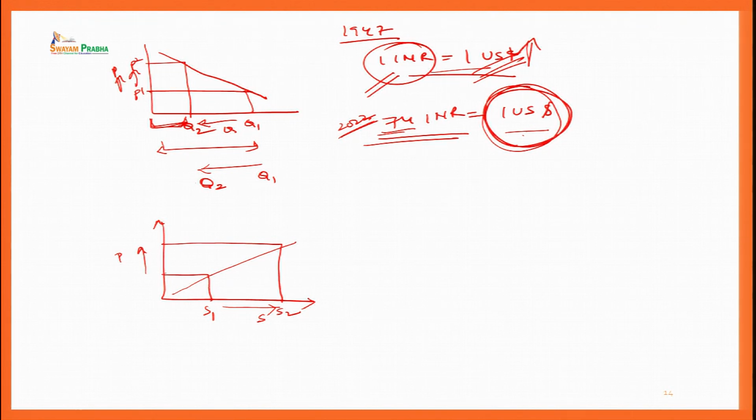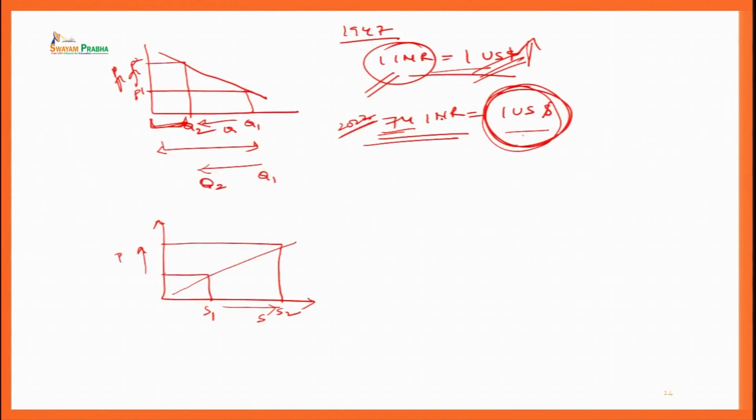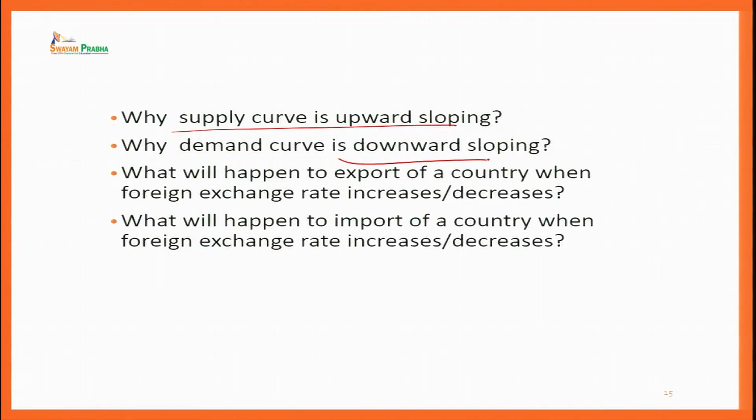They want to sell the product at a higher rate, because you are holding certain reserves, certain currency in your hand, and you want to sell it off in the market when the price is high. So this is what we try to explain to you, and this will help you understand why the supply curve is upward sloping. As you can see in the previous slide, the supply curve is upward sloping, whereas the demand curve is downward sloping, right?